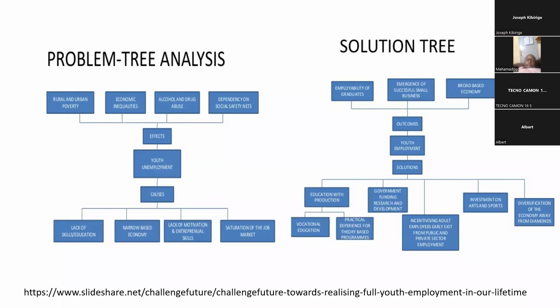Because if you have gaps, then your project may not actually result in the desired effect, because you've not addressed some of the causes of the problem or the effects of the problem.